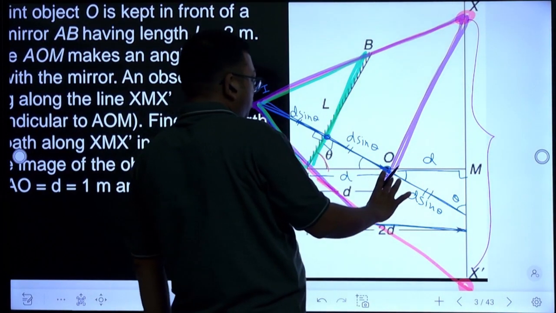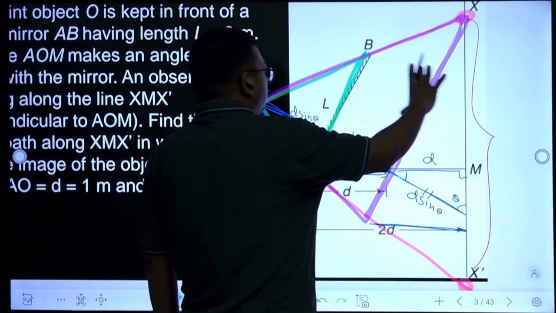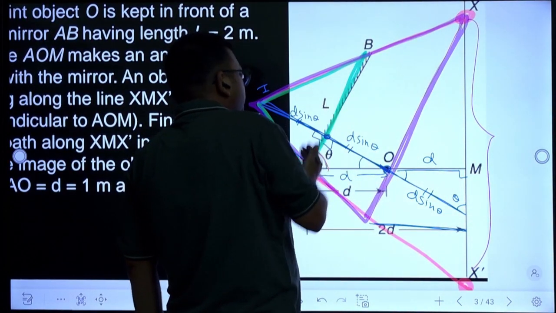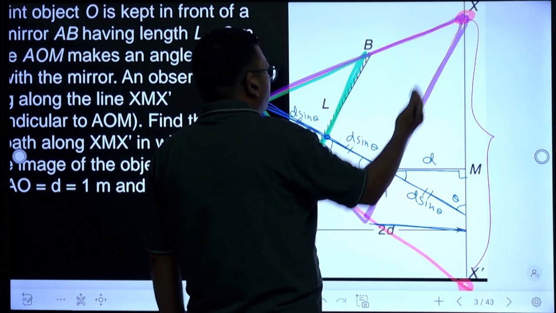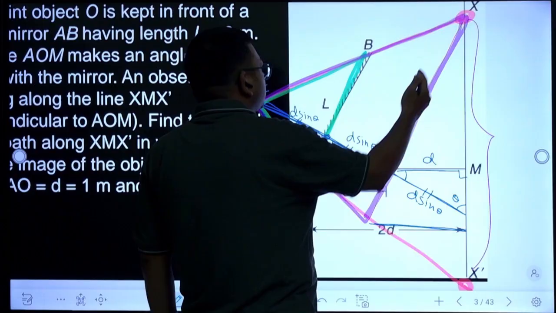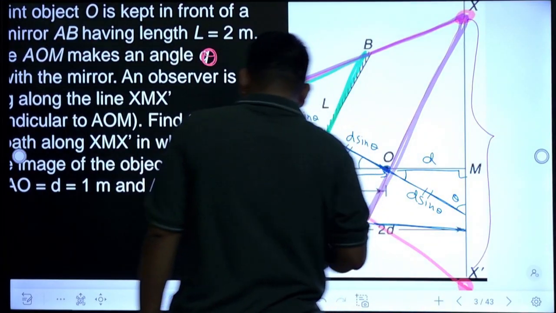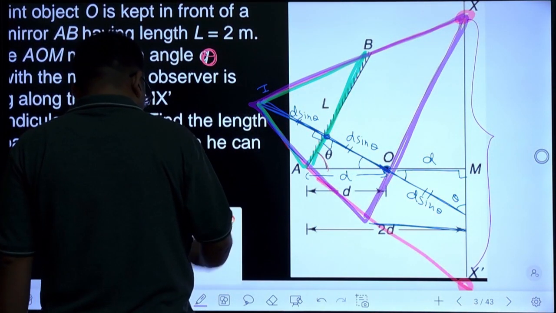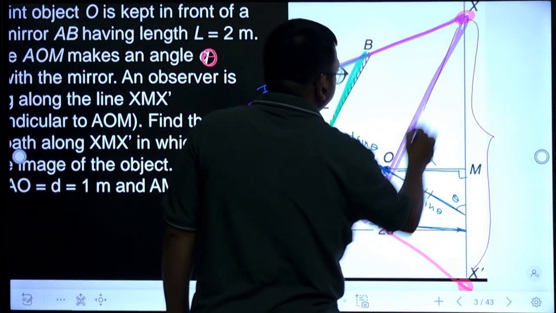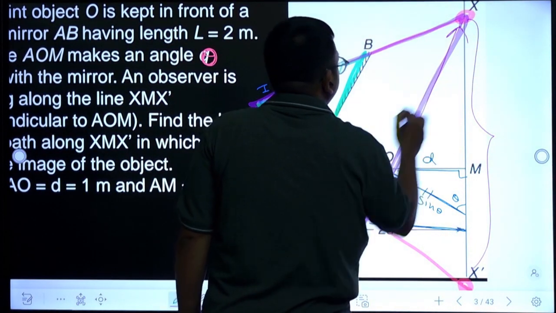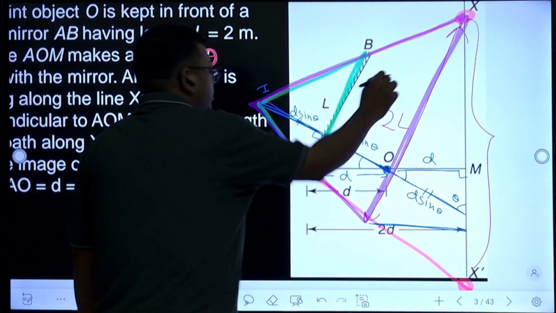Total length is this plus this, so this total must be 2L then. This length will become 2L. So this is L, this will be 2L.